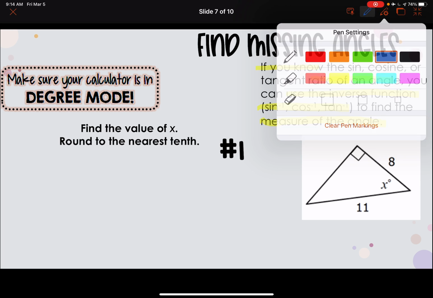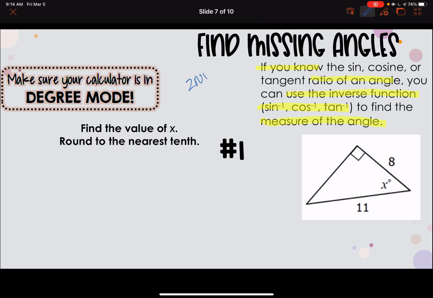If you're on your TI 84, that's going to be second, and then the trig function that you need, so sine, cosine, tangent, whichever. All right? For some of you, if you're using your scientific calculator on like your iPhone or your Android, then it might not be written that way, and it might be written as arc sine. And arc sine is still the inverse of that.